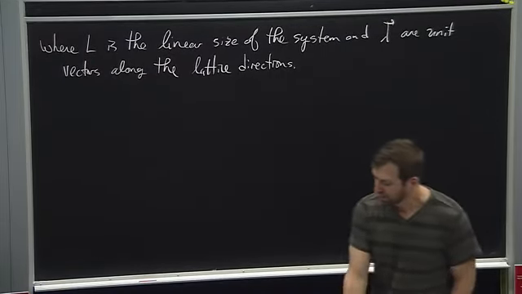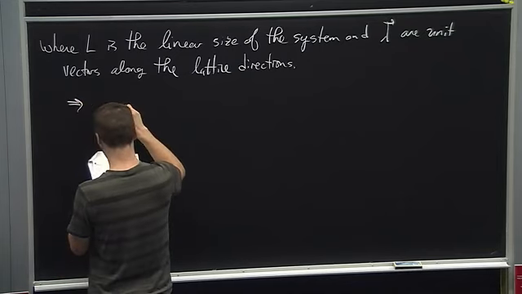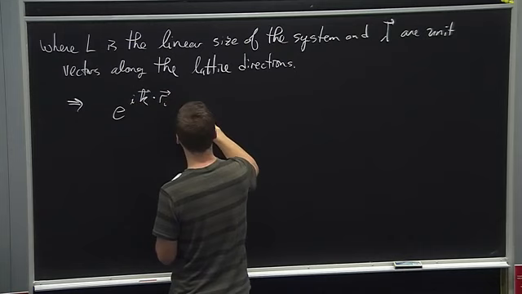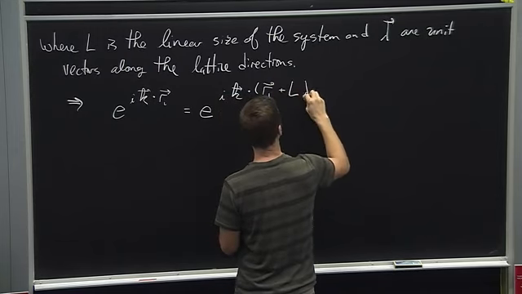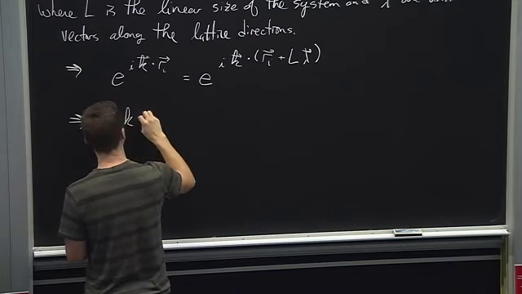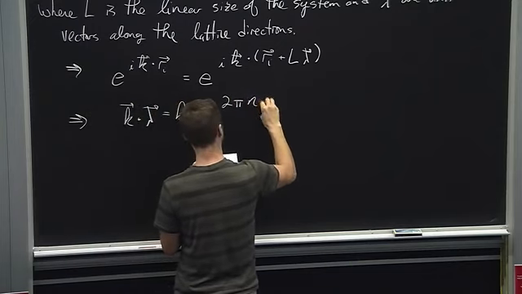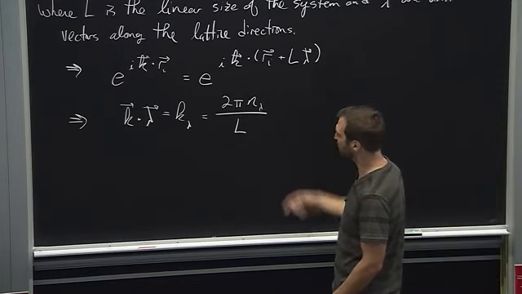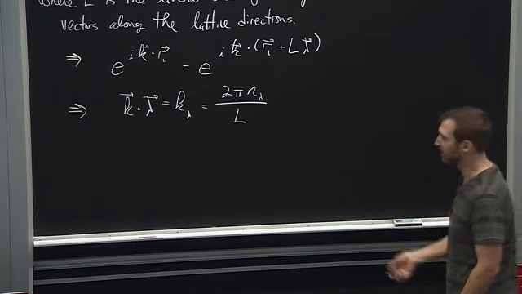Right, so because of this periodicity, then e to the i K dot (R plus L lambda), which gives us the, if you will, the discretization of the momentum space of the Brillouin zone, where the lattice unit is just 2 pi over L, and n is some integer.